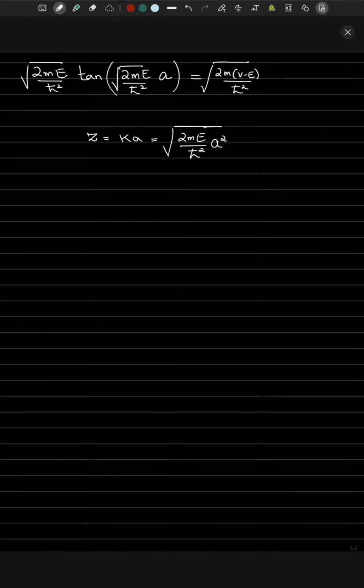Now, you have this ka equals this thing, and if I take the square on both sides, I have (ka) whole squared is equal to 2mE over h-bar squared times a squared, right?